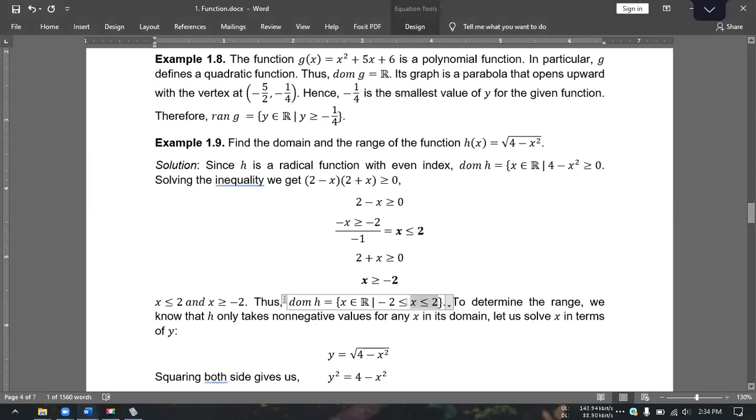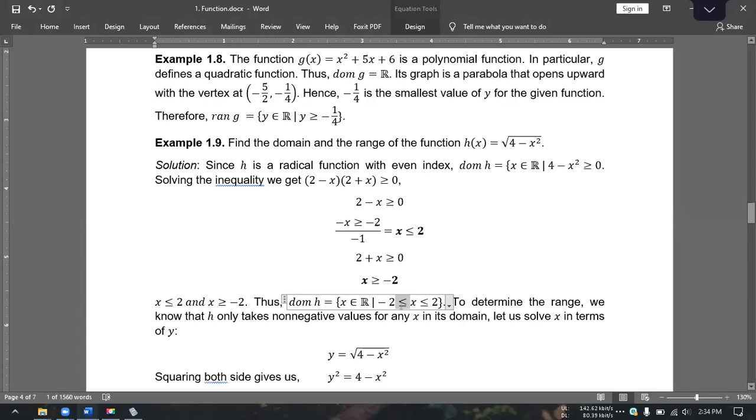Now, don't be confused dun sa inequality, no? Kung saan nakaturo yung inequality natin, ibig sabihin, dun yung mas maliit na value. For example, here, our inequality points to -2. Ibig sabihin, -2 is the lesser value.